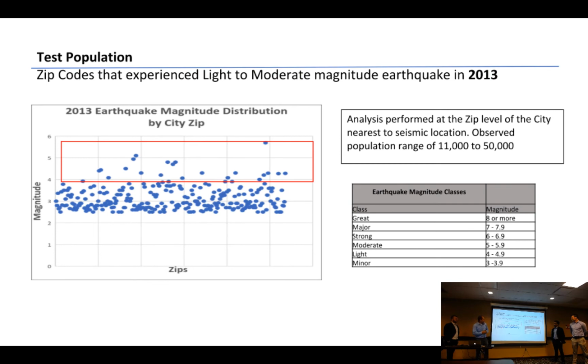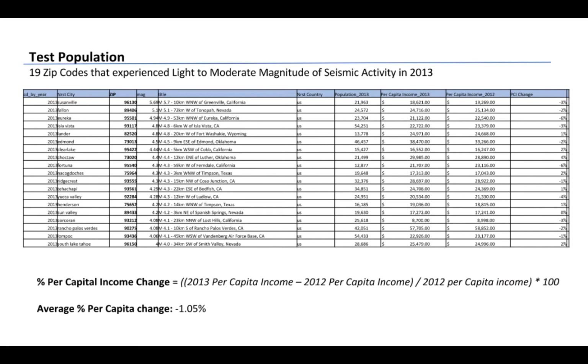As you can see, we only have light to moderate earthquakes to analyze here, which is fine. Looking at the demographics of the impacted zip codes, the population ranges from 11,000 to 50,000 people. There's not a lot of zip codes impacted. We have about 19 zip codes that experienced those light to moderate earthquakes for that year.